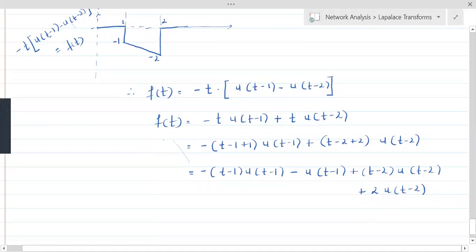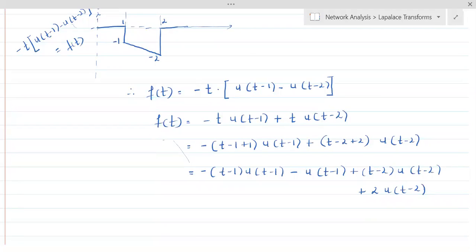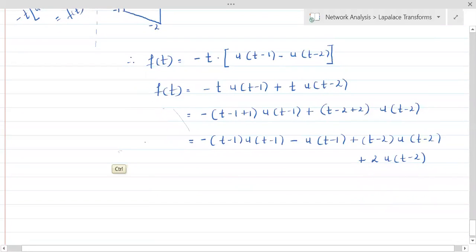So this is how things happen to be. Now apply the Laplace transform. This is your f of t ready for the application of Laplace transform.